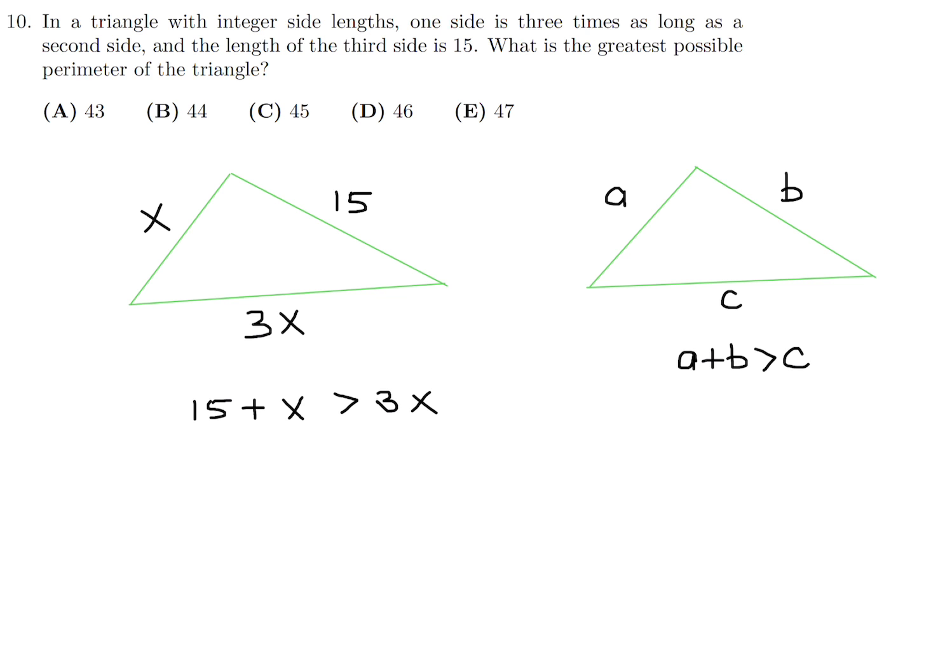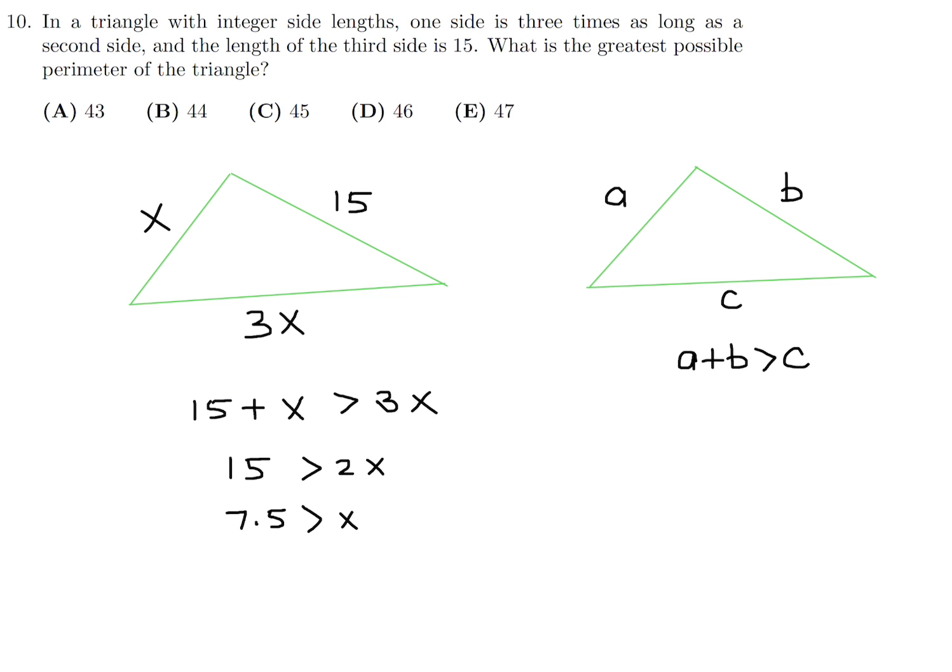Okay? If that is indeed the case, that means 15 is greater than 2x, and therefore x is less than 7.5, 15 over 2.